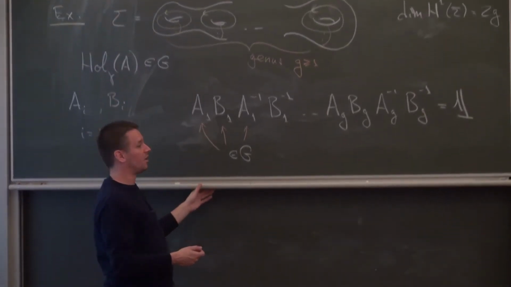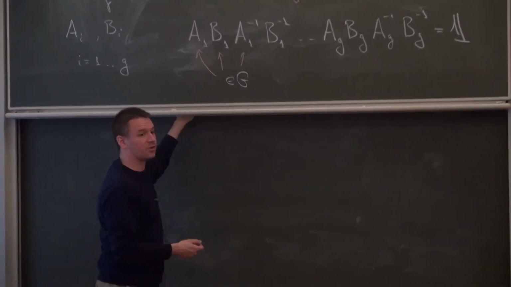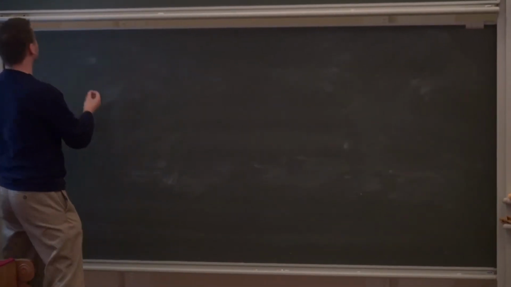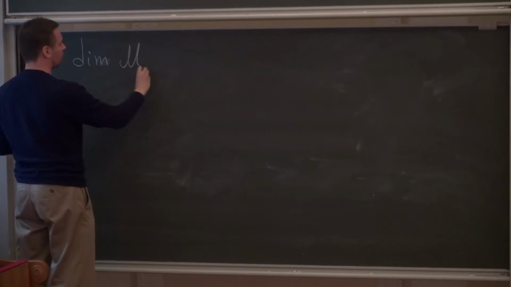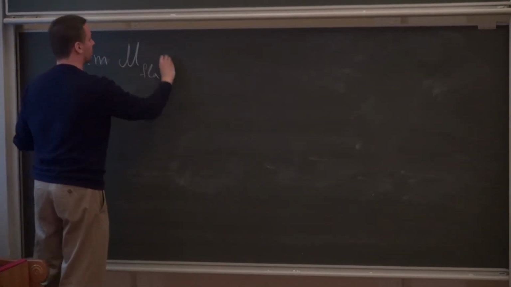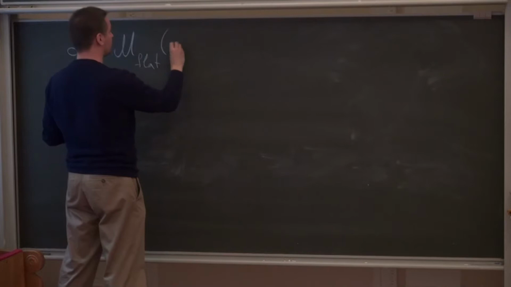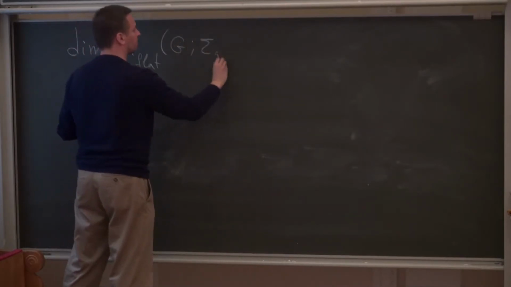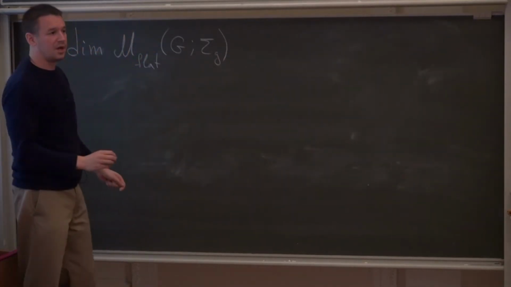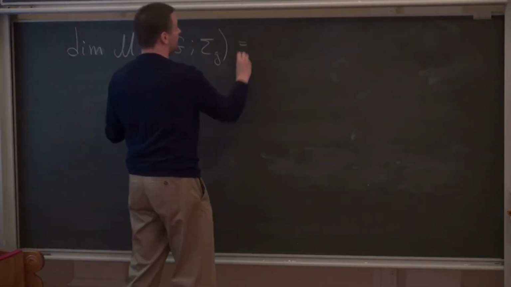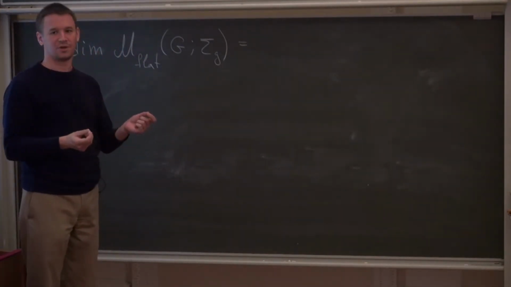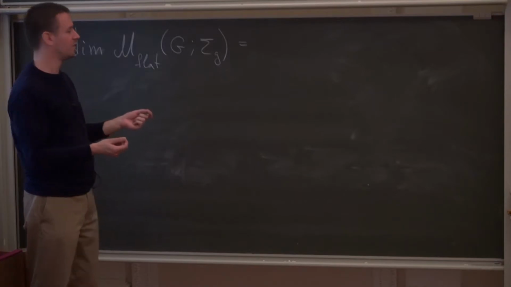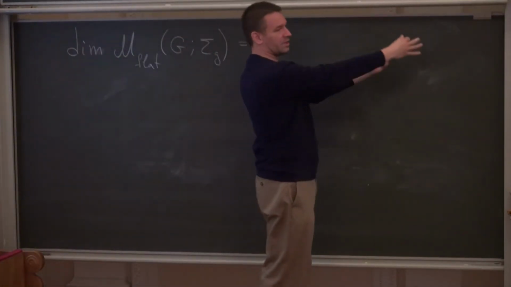So what we can easily do is, for instance, count the dimension of the space. What we're ready to do is write the dimension of the moduli space of, say, flat G connections on a Riemann surface of genus g. Let's count this dimension. It's basically the number of variables or parameters you can tune, modulo relations that you impose. So it will be variables minus relations.